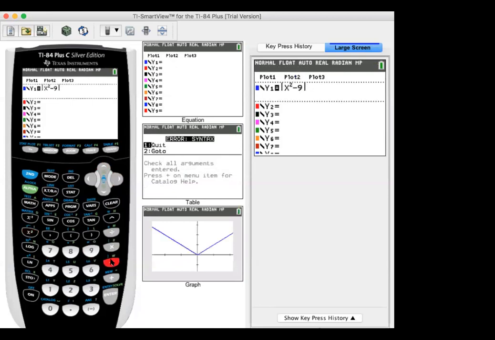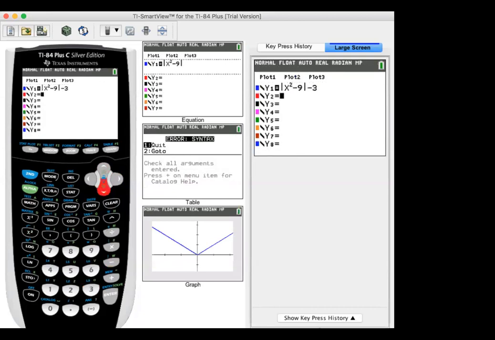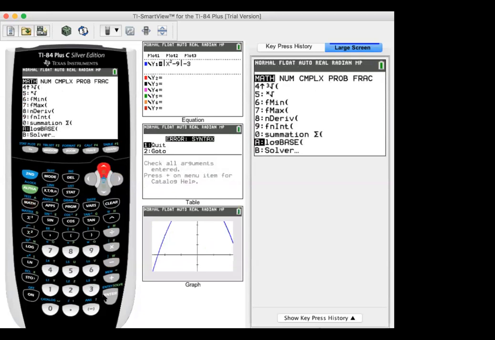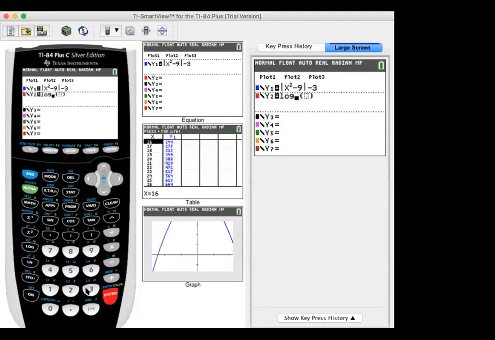And there was a minus 3. And the other equation was log base 3 of x. So you go to math, log base 3 down there. And in x, you just make it look like it did.